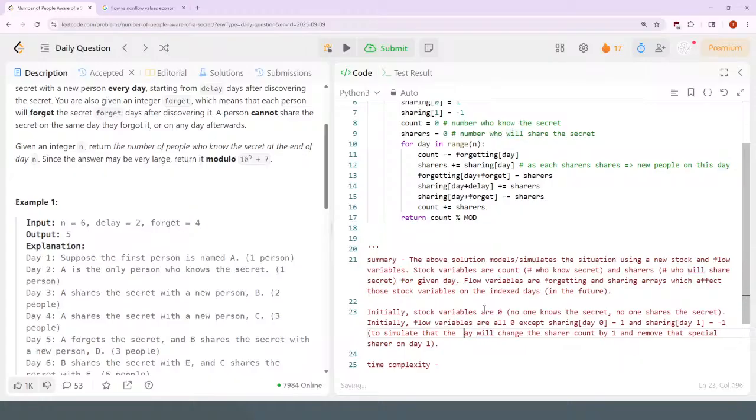I guess I should call this day 1, day 2.